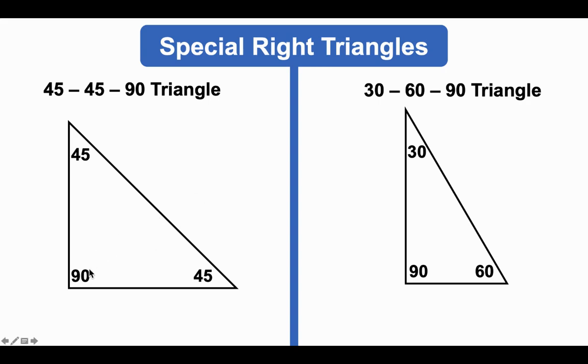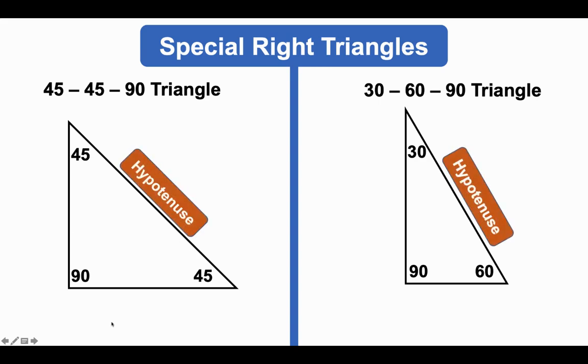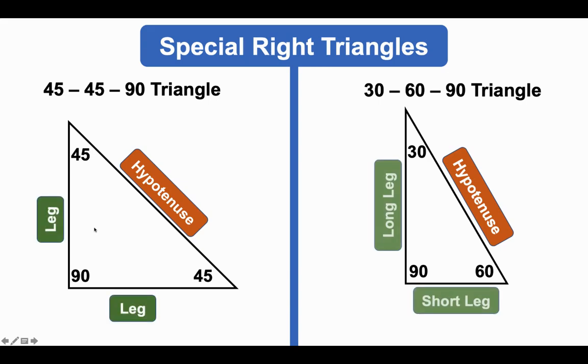You can think of the hypotenuse as the side that is not touching the 90-degree angle. So this side right here is not touching that angle, so that's your hypotenuse. Same thing on this side. And then the other two sides are usually called the legs.